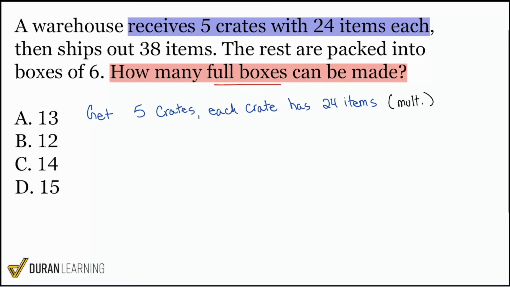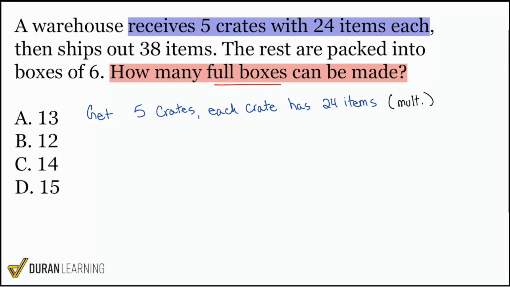Next up, it says it then ships out 38 items. If we're trying to talk about how many items we have, what does the phrase ships out tell you? Yeah, we're removing them. We're subtracting them. It's all about telling stories.